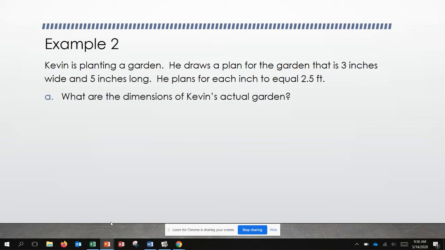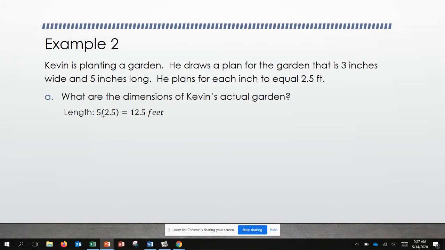Well, what we have to do is take into consideration the length and the width. If you are given a scale drawing, the first thing you need to do is convert using the scale. So convert from inches to feet. Since each inch is equal to 2.5 feet, all we need to do is multiply both of these quantities by 2.5.